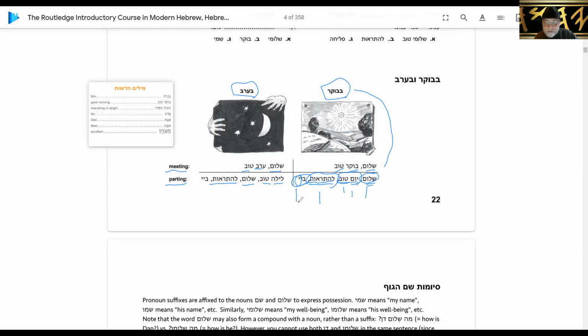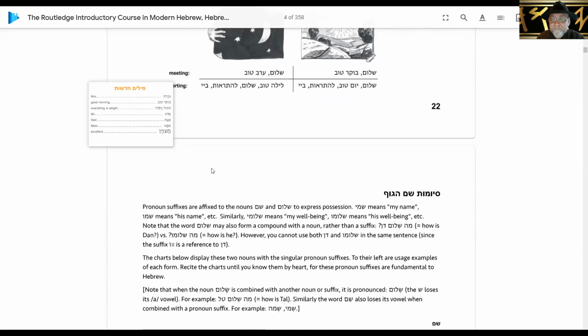Because it looks to me like these are all different ways to, maybe Erev, good night or something like that. All right, so let's take a look at this a little more further.